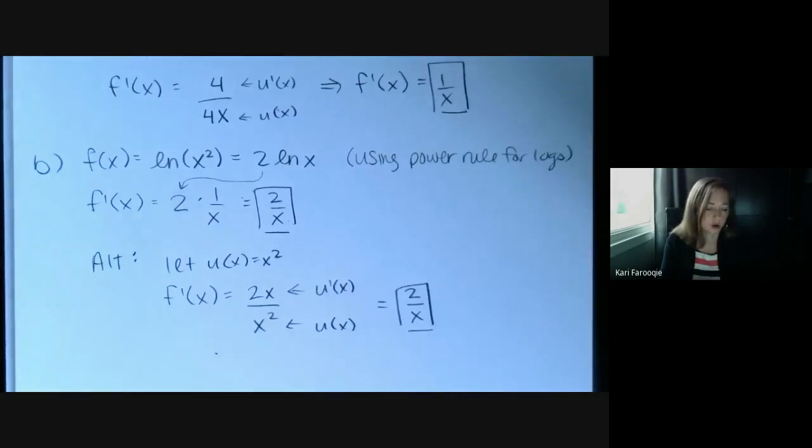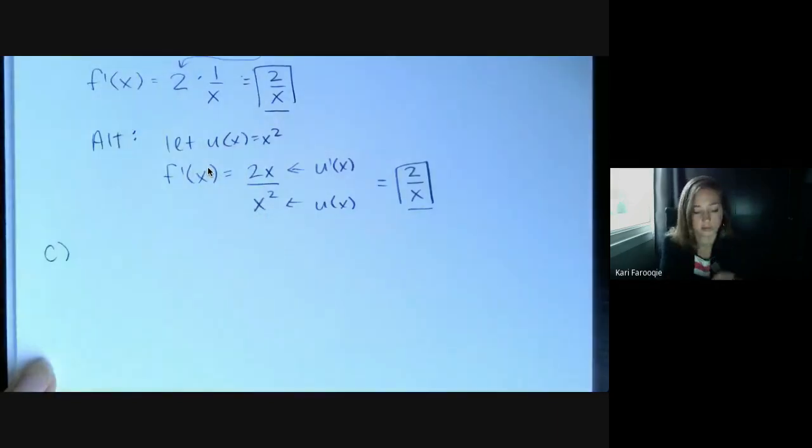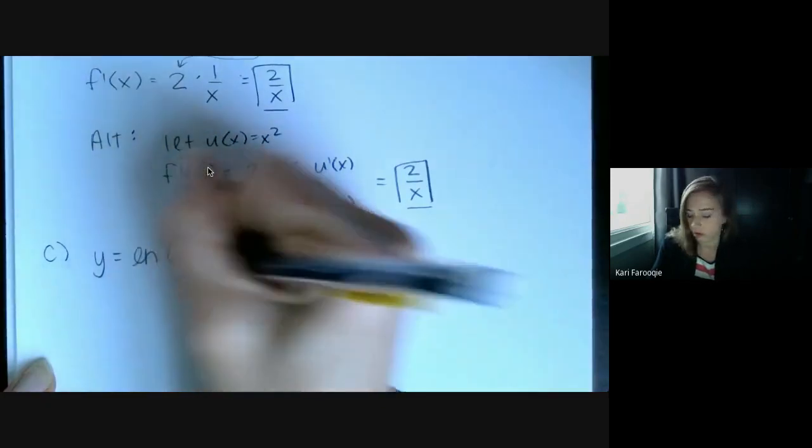All right, I'm gonna do one more, and the rest of it I'll leave for later, like tonight for me. This is going to be the natural log of x cubed minus 4.